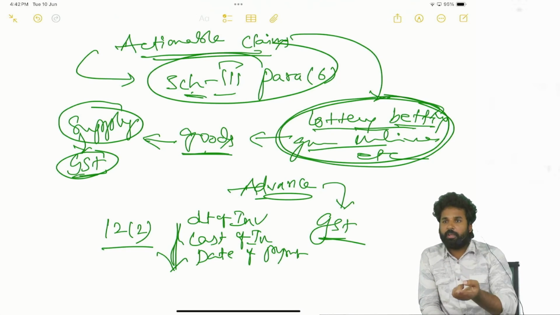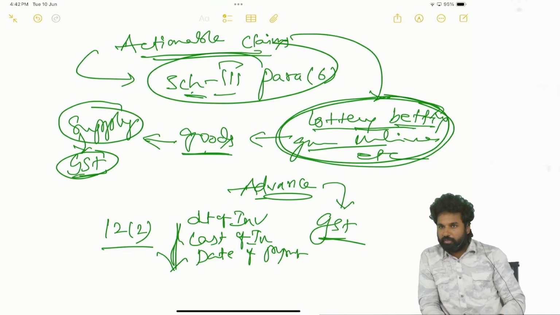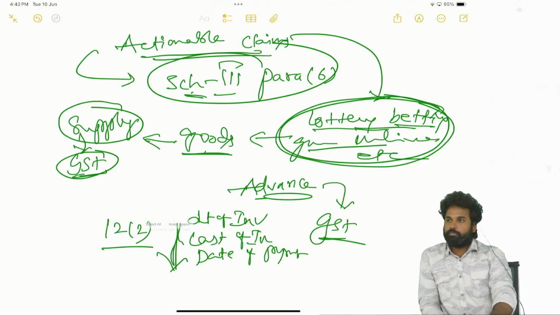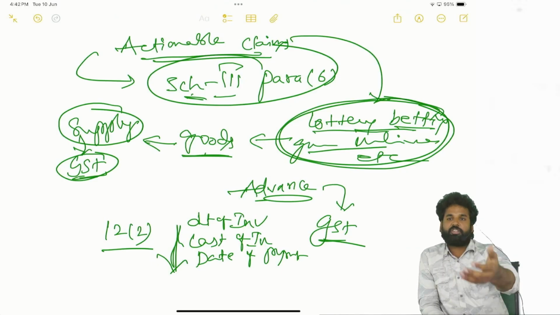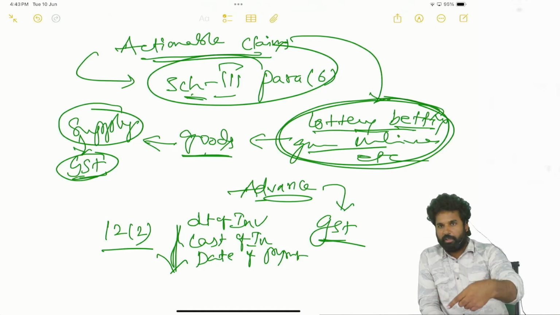Time of supply will be date of payment or date of invoice or last date of invoice, whichever is earlier. You are getting this? Okay, so if advance is received on goods there is no GST. If the goods are specified actionable claims, on advance also GST will be there. So for time of supply, the entire provision will come: date of invoice, last date of invoice or date of payment, whichever is earlier.